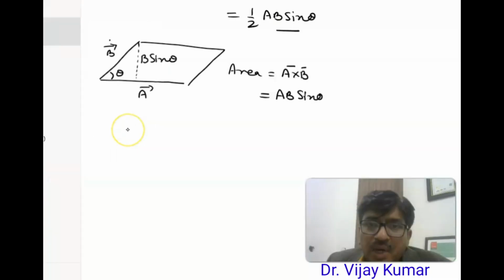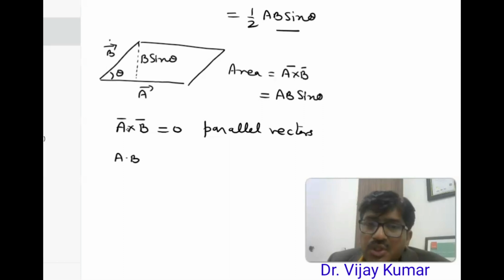Some points to remember: A cross B equal to 0 represents parallel vectors. A dot B equal to 0 means perpendicular vectors.